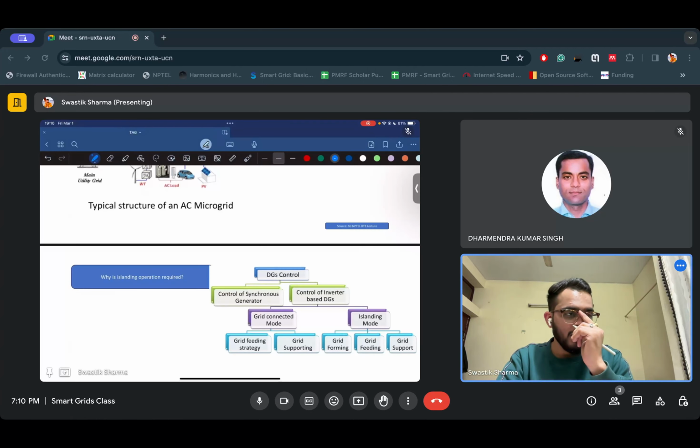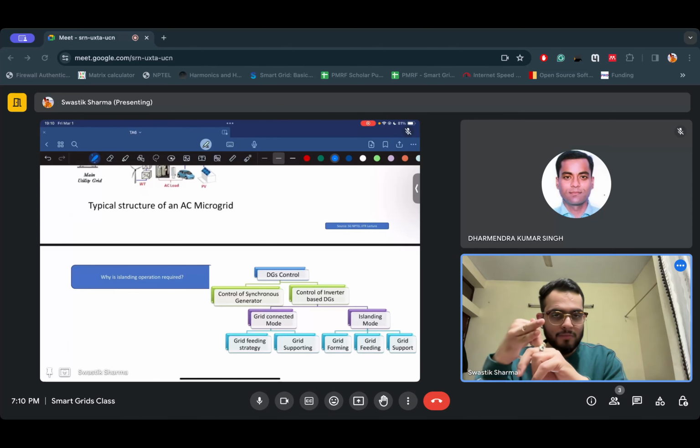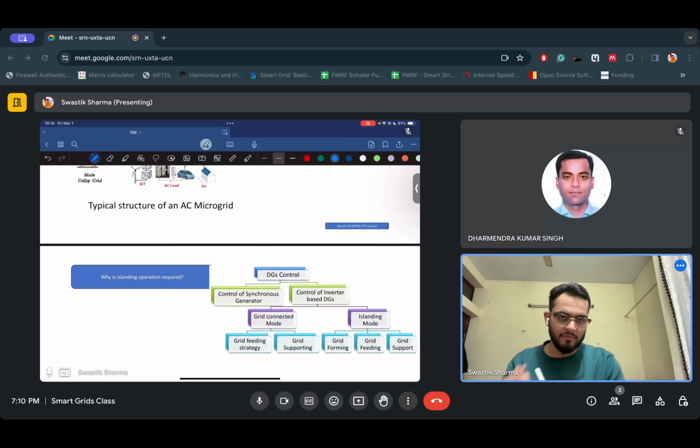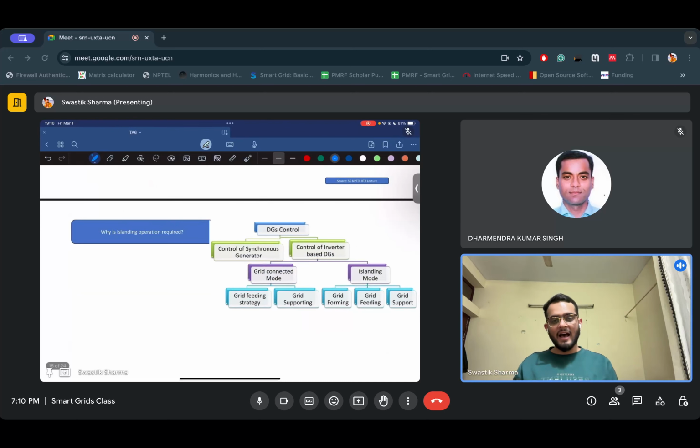If these are not detected properly, they can cause voltage to fall. There is a lack of protection. It can be detrimental for our crew workers working on certain lines. But still, the islanded mode of operation is required sometimes. Let's say you're experiencing disconnection from the grid due to some fault or some disturbance.